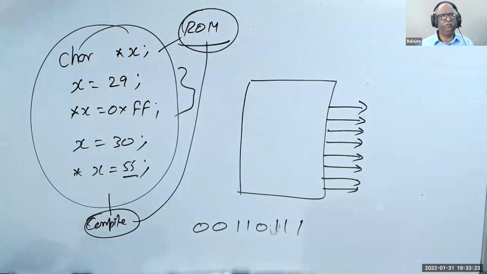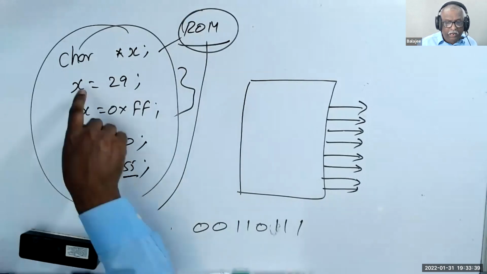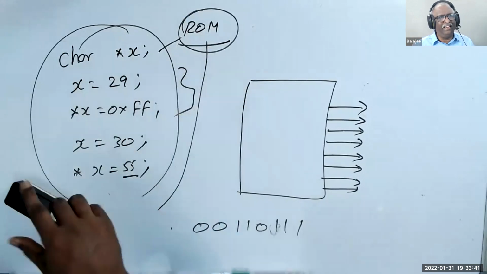Not in RAM, please. I already took a session on this. In the microcontroller session, I discussed how we store it in the ROM. You can just go and watch the recorded video. But the variables are stored in the RAM.